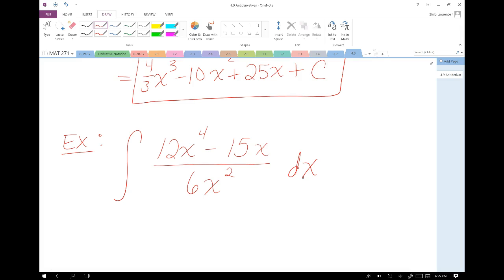When we learn derivatives, if we saw a product, a quotient, or a composite, we had to do those derivatives with a special rule. The same thing is true with antiderivatives.